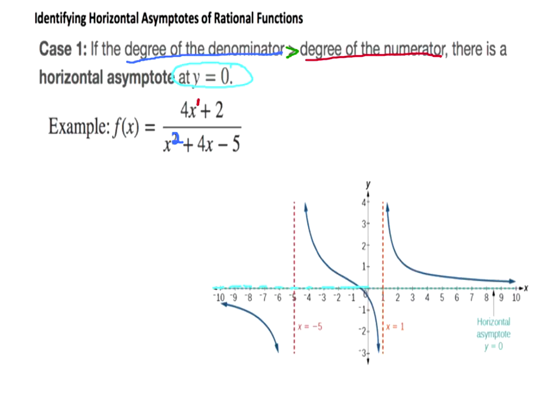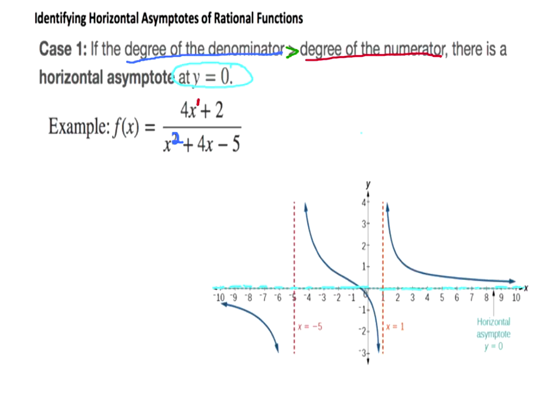So you can see I have a horizontal asymptote where a few of my tail ends are approaching the x-axis. Now notice, here's one huge difference between horizontal asymptotes and vertical asymptotes. Parts of your graph can cross over a horizontal asymptote.